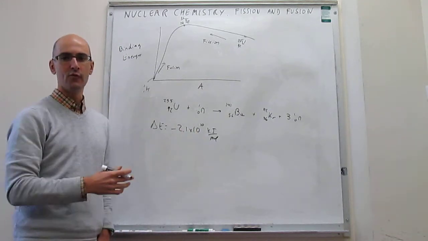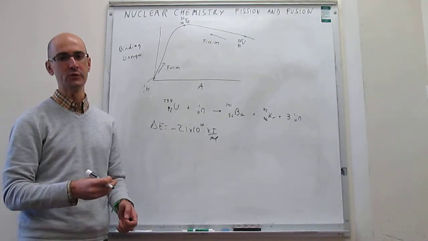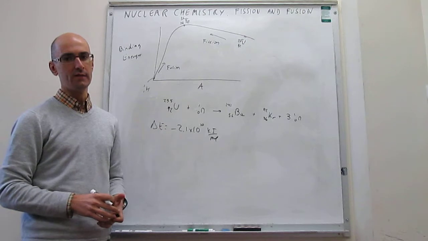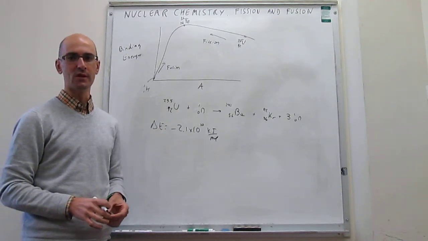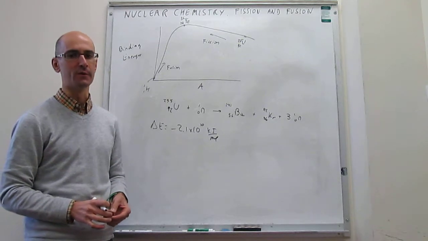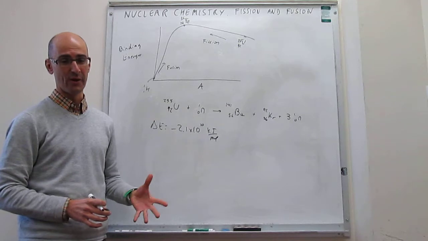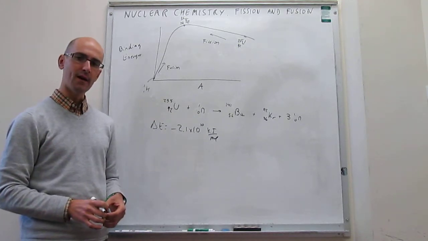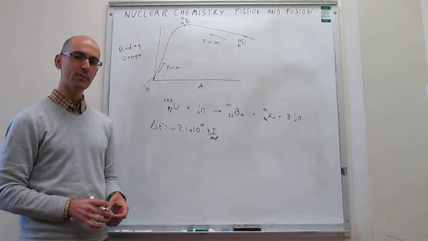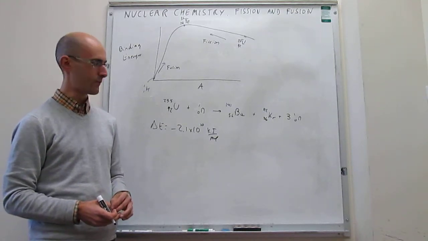Those dwarf any energy that we have in chemical reactions in which you're simply rearranging atoms. The energies of those chemical reactions are in the few kilojoules to maybe 100 or 1,000 kilojoules per mole. So these are millions of times more energetic on a per mole basis than any chemical transformation, and so there's a lot of interest in trying to harness these processes for energy production.